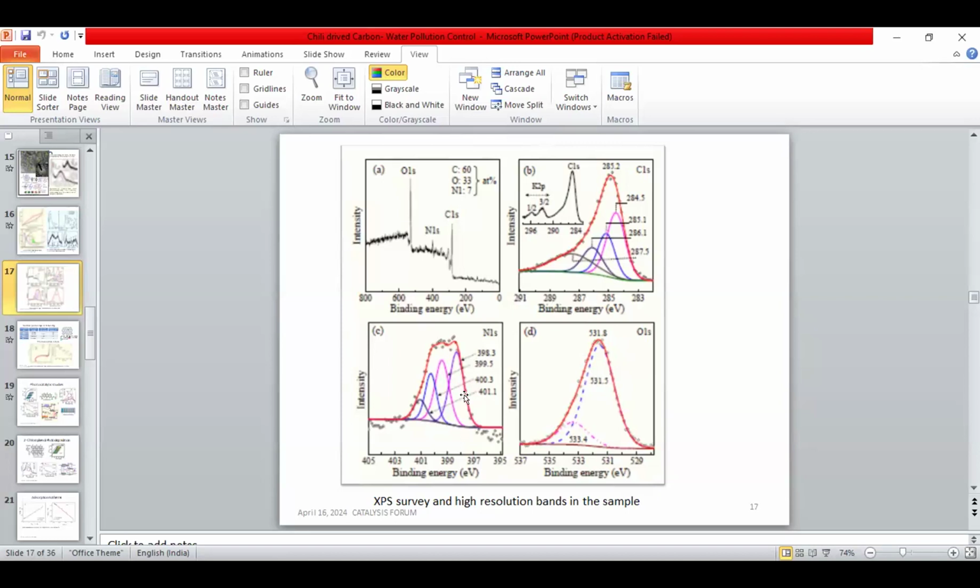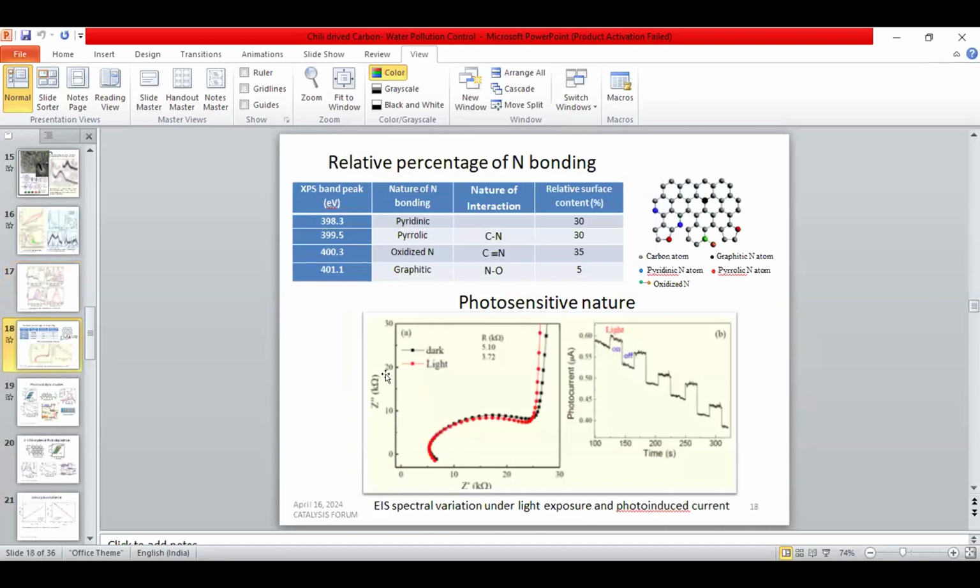Then we have nitrogen. Nitrogen is a broad band which is deconvoluted into 4 important bands, and these bands give us the following information. We have these bands at different positions, corresponding to 4 types of bonding of nitrogen to carbon. One is pyridinic, in which nitrogen substitutes directly into a carbon position, and that is about 30% in the carbon.